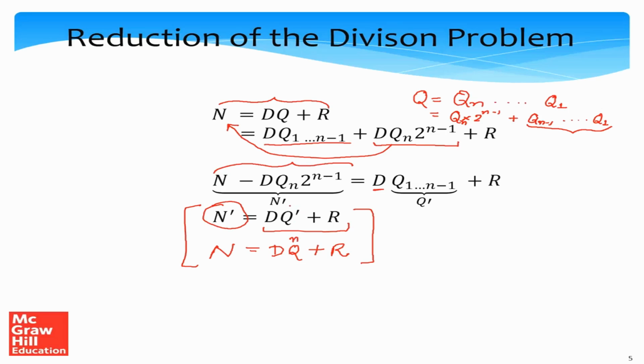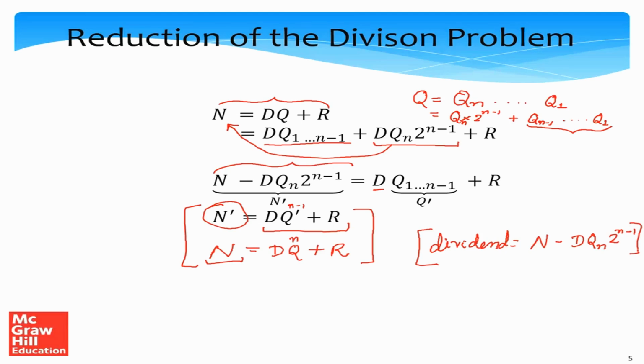In this case, it's the new dividend. So what's the dividend in this case? It is the original dividend n minus the divisor times the nth bit of the quotient times 2 raised to power n minus 1. So this is the dividend that is being used.